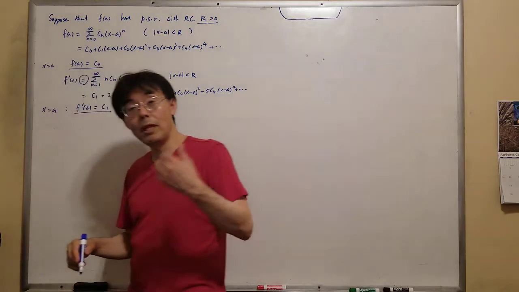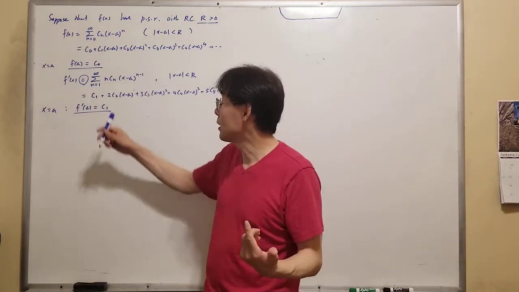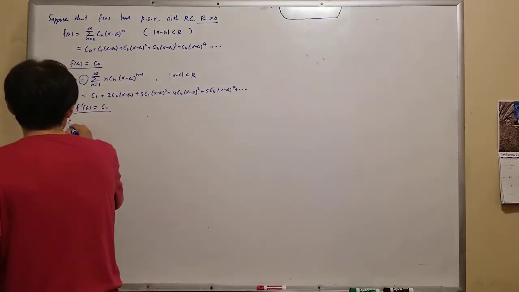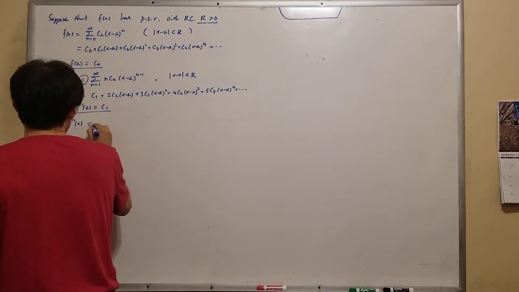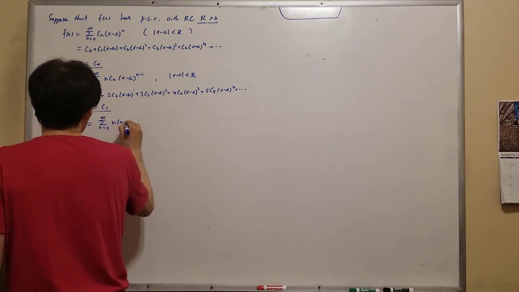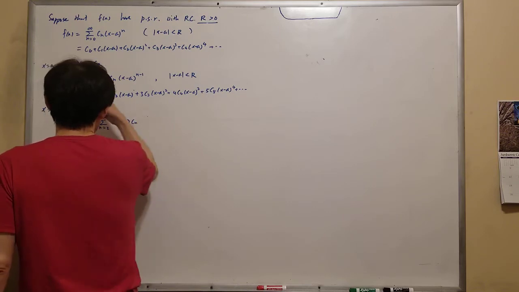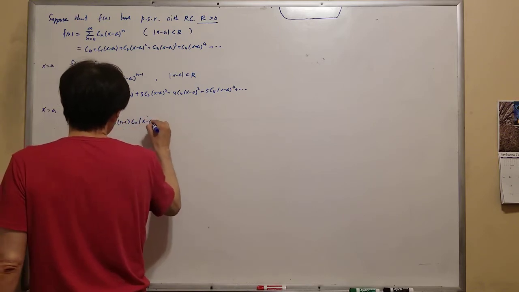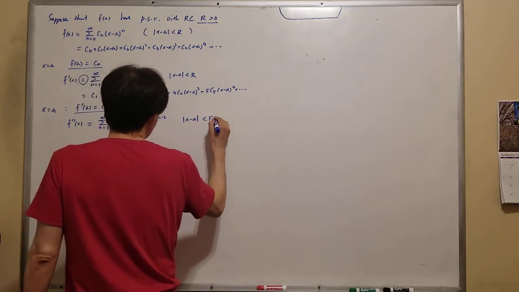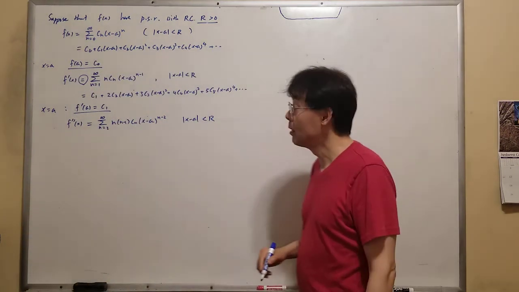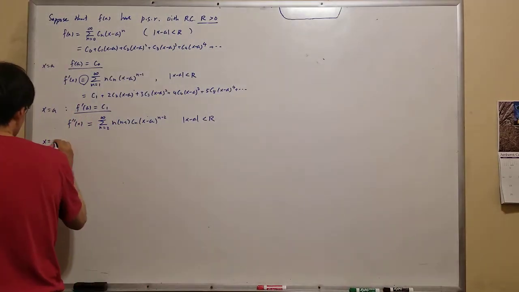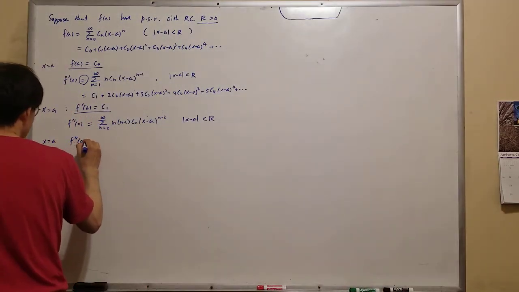Now we apply the same theorem from section 8.6 over here. Then f double prime, another derivative, also has a power series representation with the same radius of convergence r. Because of that, if you plug in x equals a, what do you get?